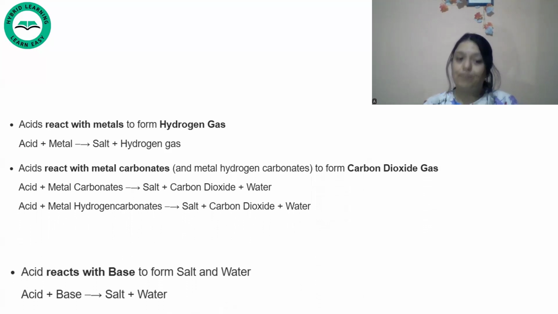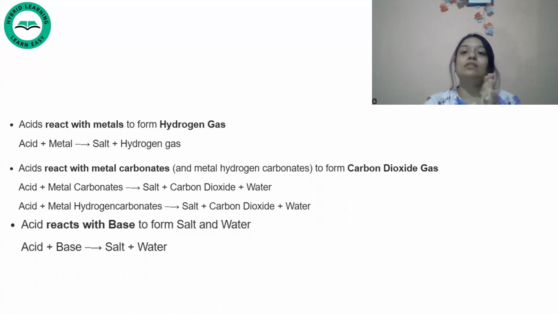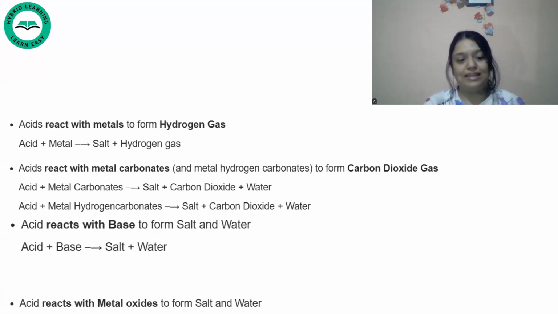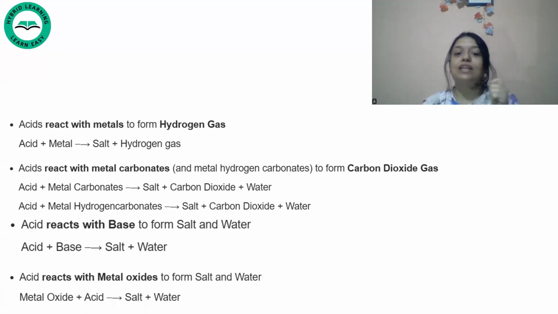Next, when we take a base, it forms salt and water. That is the neutralization reaction. Last but not least, when a metal oxide reacts with acid, it also forms salt and water. These are the four most important reactions of acids.